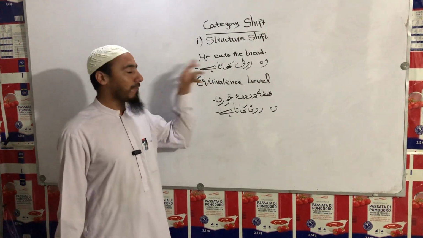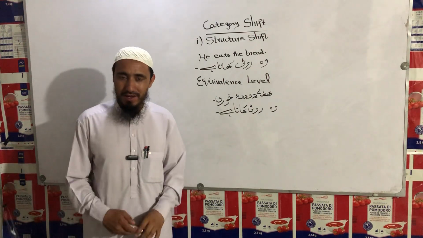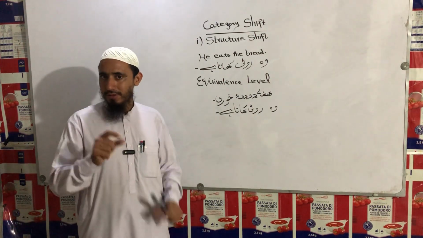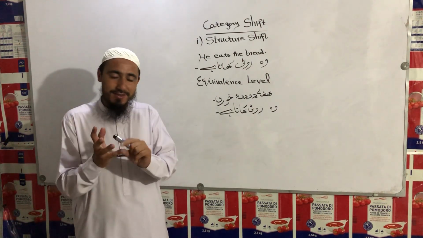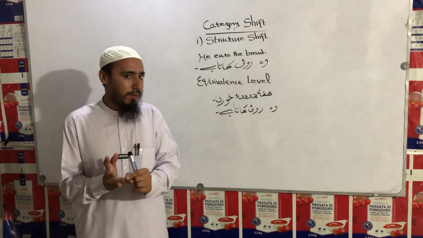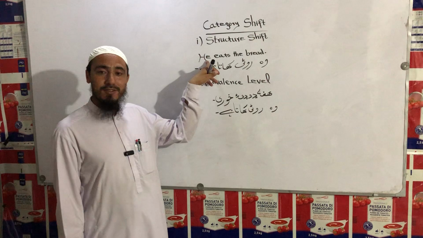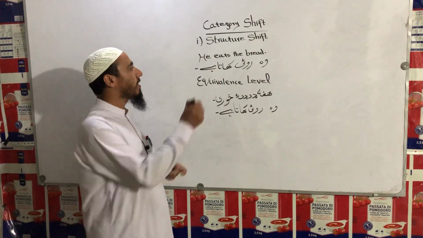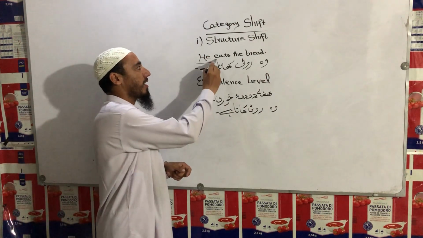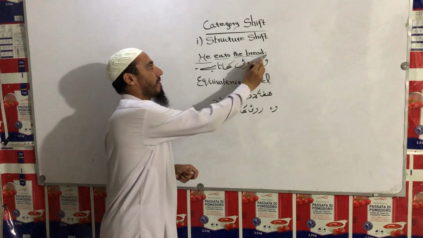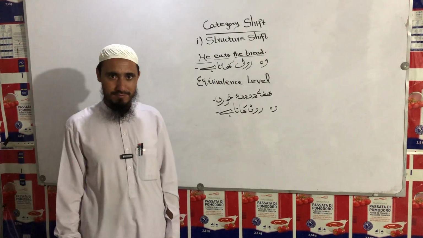For example, if you're talking about the English language, the structure of the sentence is subject plus verb plus object. See in this sentence, for example, this is the original text in English: He, this is the subject, eats, that is the verb, and the bread, that is the object.